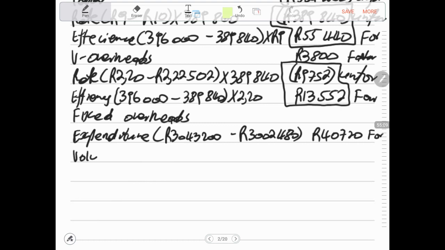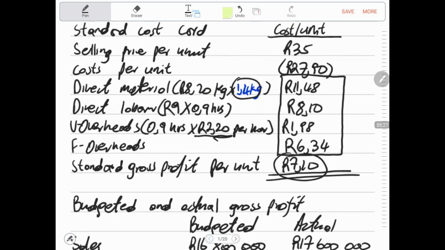Then we go to the fixed volume. Fixed overhead volume. Remember, I have fixed overhead, so I don't have to be repeating that, hence I'm just saying volume. The fixed overheads is based on the actual production, meaning the number of units. 480,000 that was budgeted minus 440,000 times by the standard fixed overhead per unit.